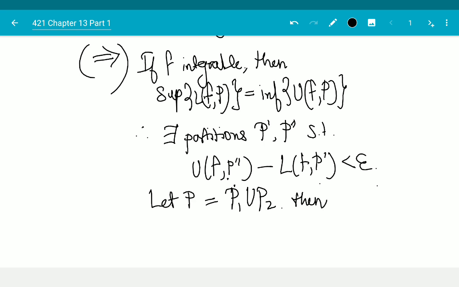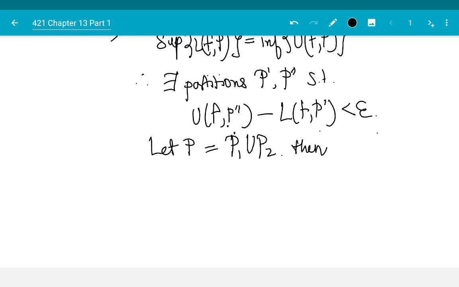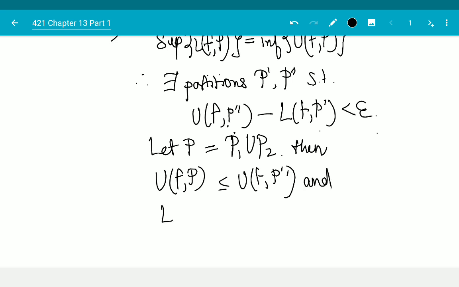Then I get that U of f comma P is smaller than or equal to U of f comma P'', and L of f comma P is actually greater than or equal to L of f comma P'.